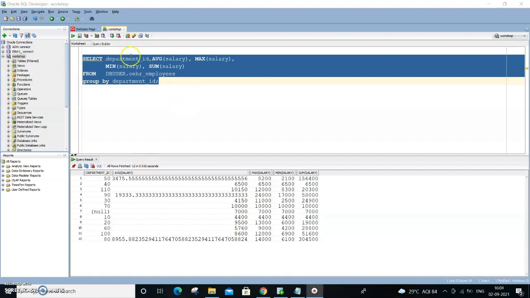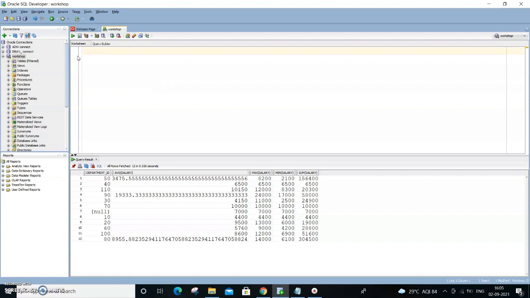Even better would be adding the department ID, then it gives you the department ID with the max, min, and sum of these salaries. Department 80 seems to be okay. You also have department 90 with a max salary, min salary, and sum of salary. Maybe this could be the top level, just a guess. Through SQL, you use the functions and try to analyze all the data. That is what is possible with all the SQL select statements.